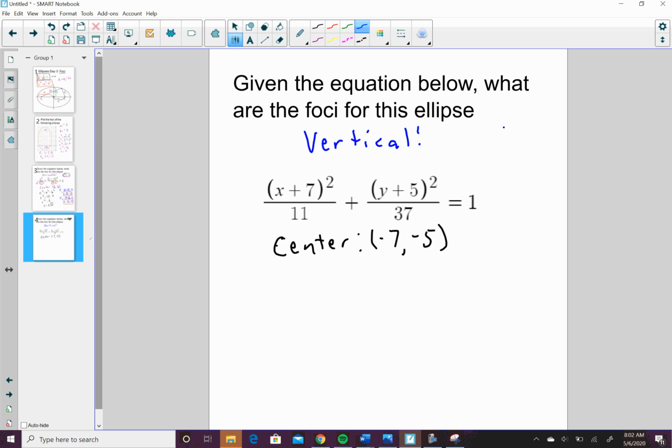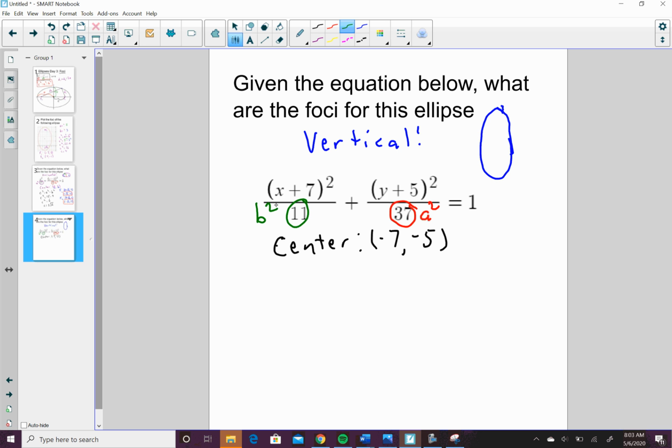Which means I know it's going to be this skinny one right there. So I know it's going to be vertical. I also know that a squared is 37, and b squared is going to be 11.